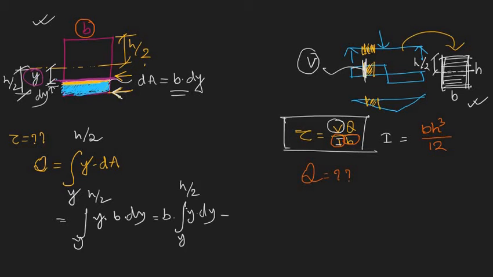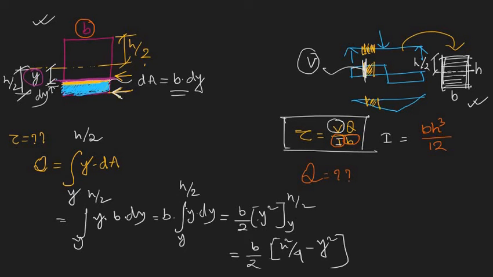This gives us b by 2 times y square, with limit from y to h by 2. So this gives us b by 2 times (h square by 4 minus y square).